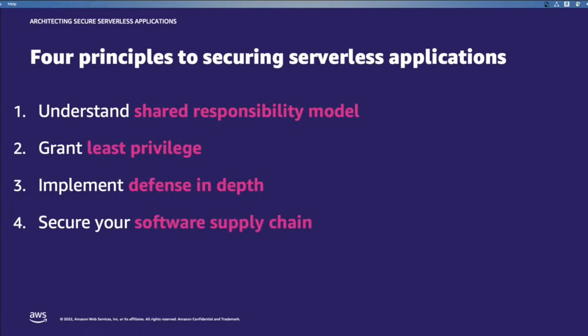But it's really important to remember that even though serverless addresses some of today's biggest security concerns because it removes infrastructure management tasks such as operating system patching and updating binaries, there are still things to be considered, like the way you design your application, right?